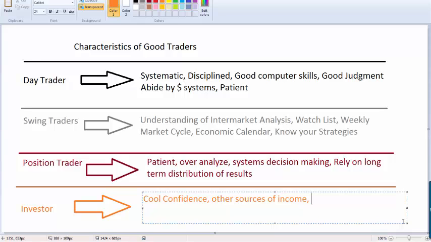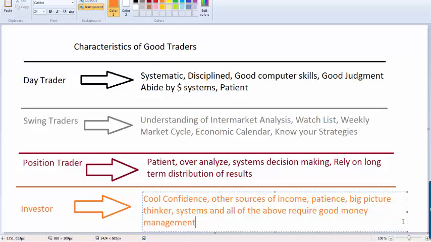Okay. You got to have a cool confidence. You have to have other sources of income. You have to have a patience about you. You have to be a big picture thinker. And you also have to have systems, and all of the above require good money management.